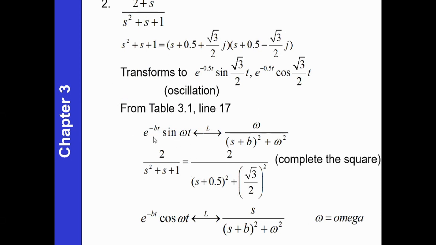From e^(-bt) sin(omega t), the Laplace transform becomes omega over (s+b) squared plus omega squared. So 2 over s squared plus s plus 1 equals 2 over (s + 0.5) squared plus (square root 3 over 2) squared. If you simplify further, you obtain this. And e^(-bt) cos(omega t) becomes (s+b) over (s+b) squared plus omega squared.